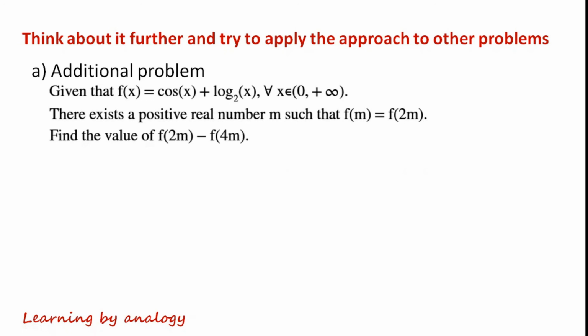Given that f of x equals cosine x plus log to the base 2 of x for x in the set of positive real numbers, there exists a positive real number m such that f of m equals f of 2m.